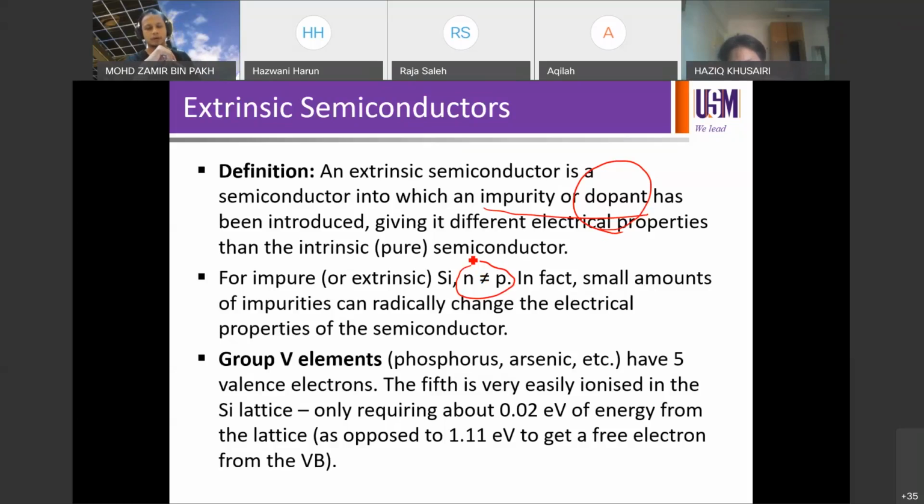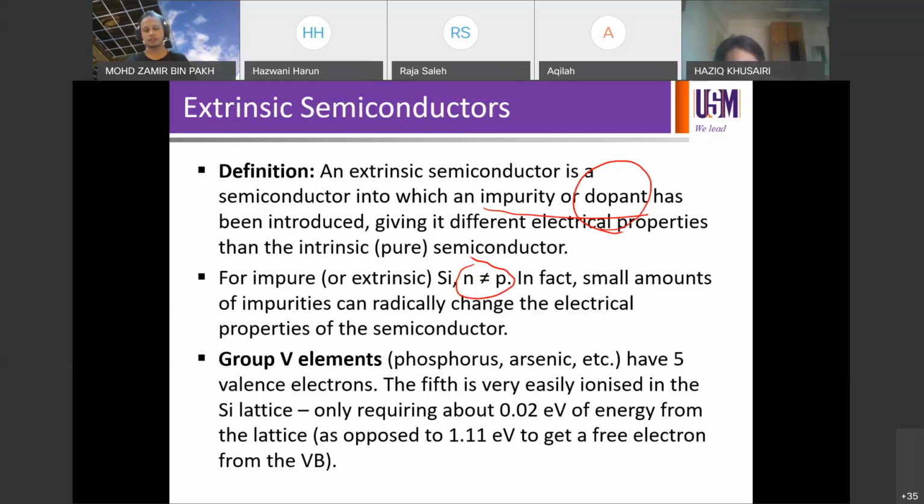When we talked about intrinsic just now, we know that ni is equal to n0 is equal to p0, right? So for every bond broken, you're going to have the very same amount of electrons and holes being created. On the other hand, in extrinsic, n is no longer equal to p. Why is it so?